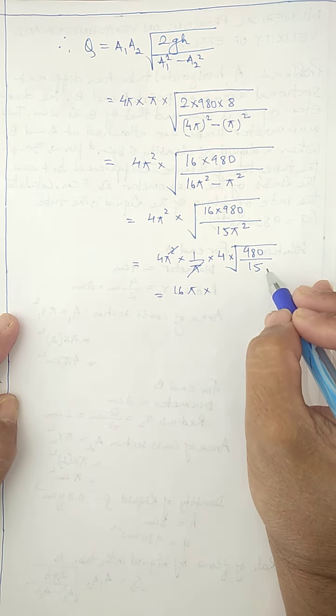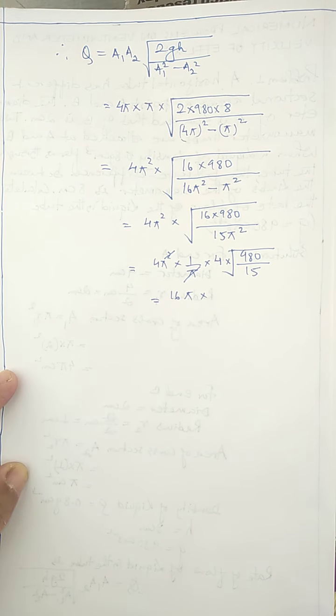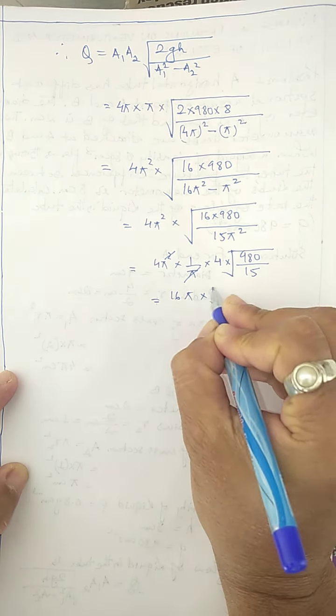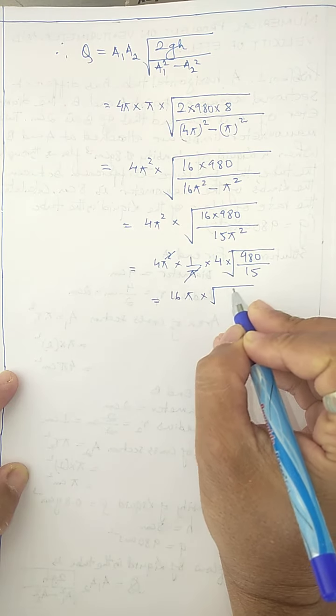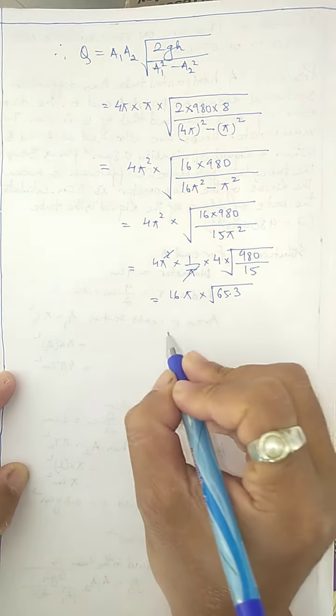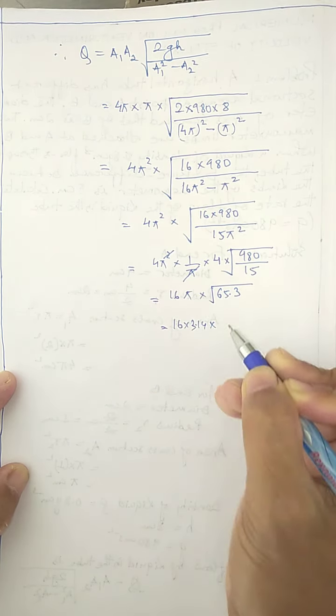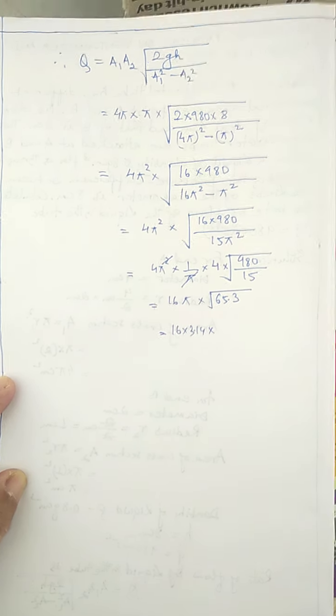Now we can divide with the help of a calculator. The value which comes by dividing 980 by 15 is approximately 65.3. Now 16 into pi means 3.14. Now we take the square root of 65.3.